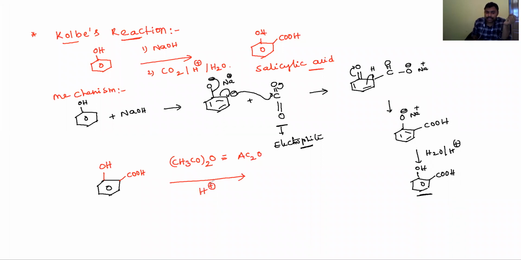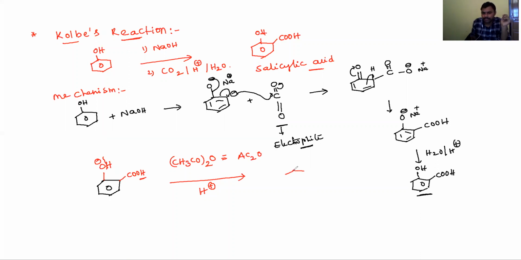In acidic medium, the acylation takes place at the oxygen of the OH group, not at the oxygen of the acid, because acylation takes place at O minus. Phenol reacting with acetic anhydride or acyl chlorides forms an ester functional group.